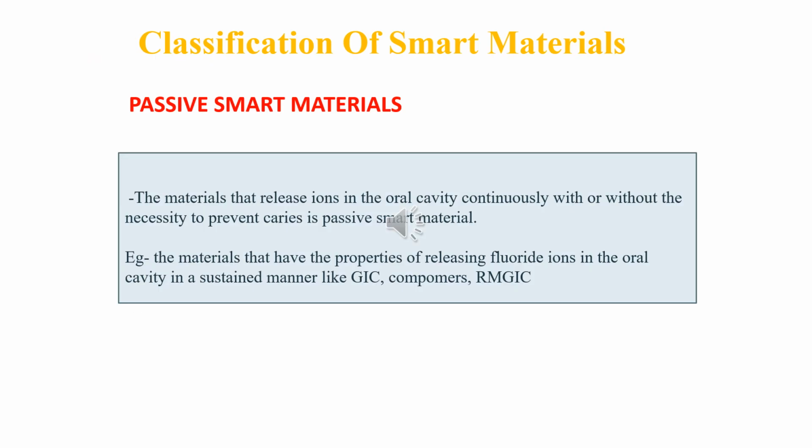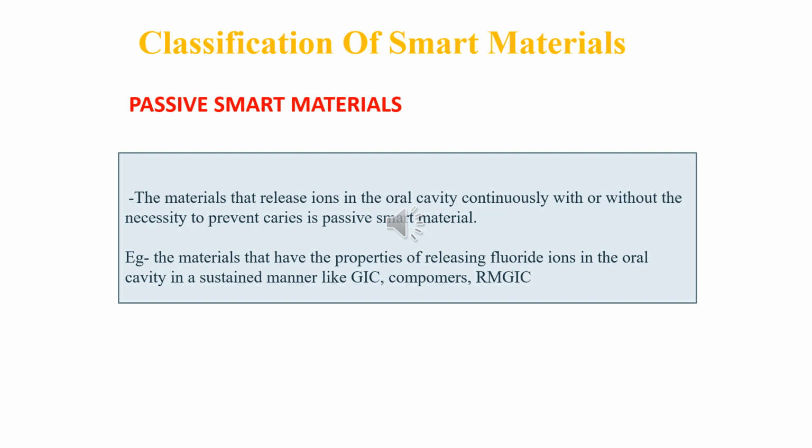Moving on to the classification. The first classification is passive smart materials and another one is active smart materials. Now, what do we understand by passive smart materials? Passive smart materials are those materials that continuously release ions with or without the necessity to prevent the tooth material.